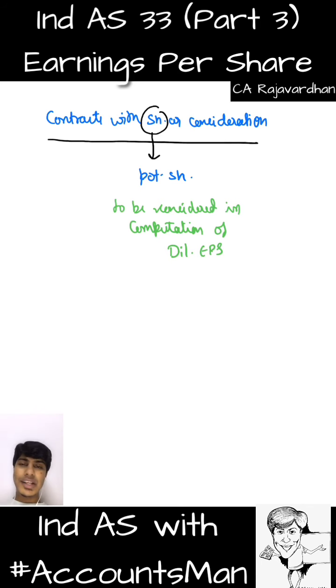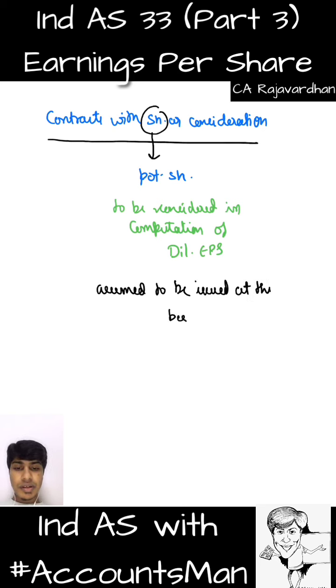You get that? However, we would have to check for dilutiveness. If it is dilutive in nature, only then it will be considered in our diluted EPS. And it is assumed to be issued at the beginning of the year. That's the assumption that we need to make. We'll compute on that basis.